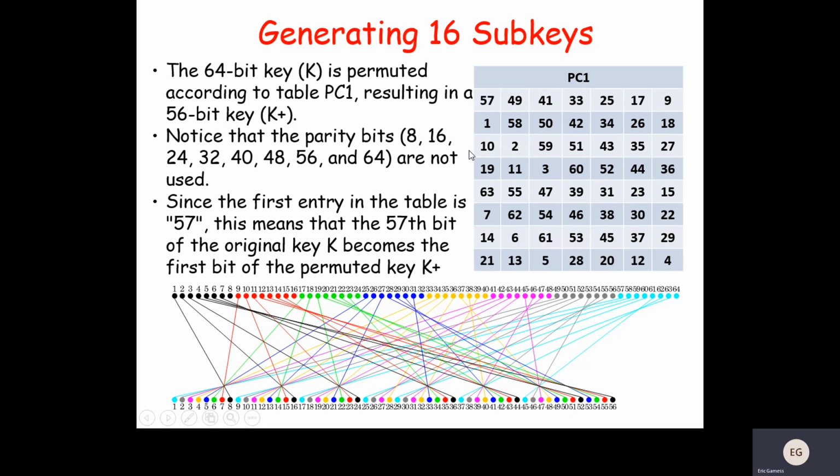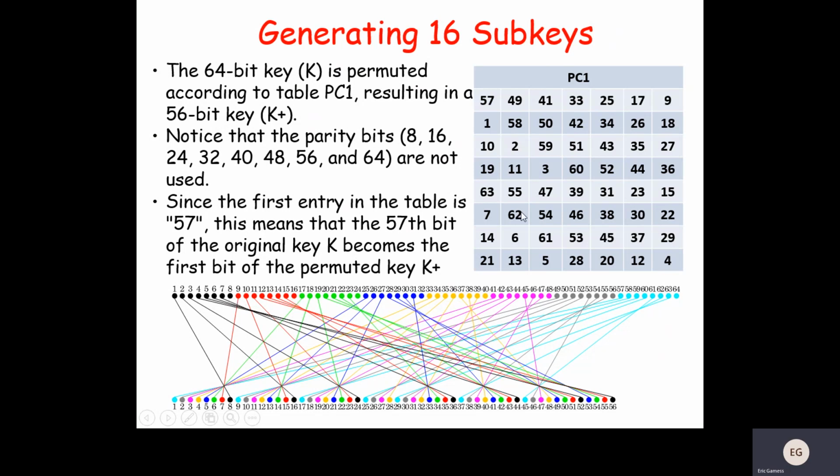Okay, so as you can see, look at bit 8, it doesn't have an arrow that goes out, which means that bit 8 is lost. Bit 16 also, bit 24, bit 32, which is the least significant bit of each byte, is lost. So this is a byte. The least significant bit will be 8. This is another byte. The least significant bit will be 16.